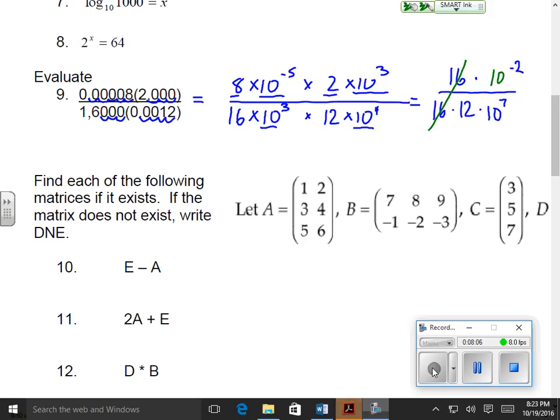If we have 10 to the negative 2nd over 10 to the 7th, and we try to subtract, we can just bring that down to the denominator and call it 10 to the positive 2nd, and then we're left with 1 over 12 times 10 to the 9th.